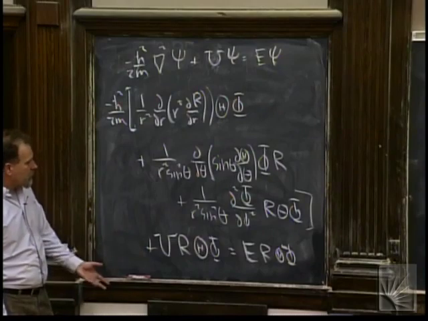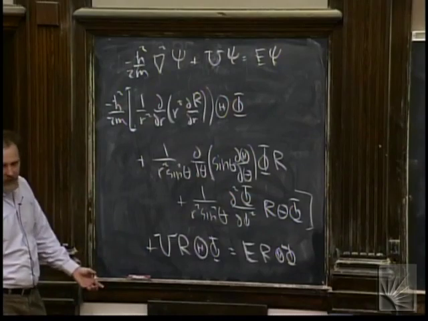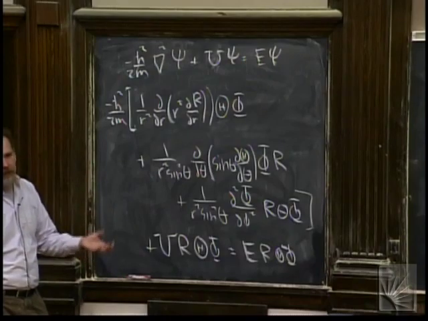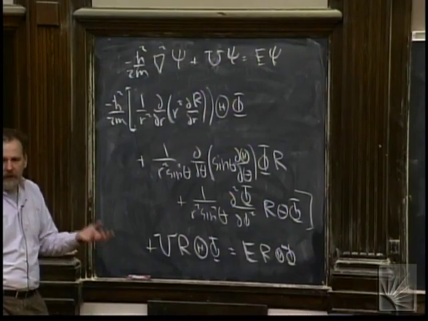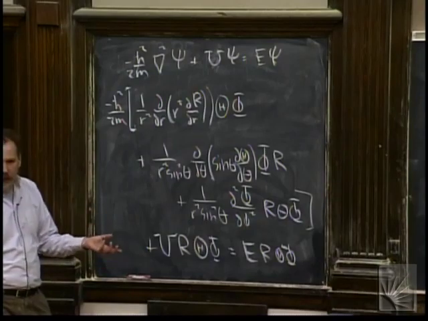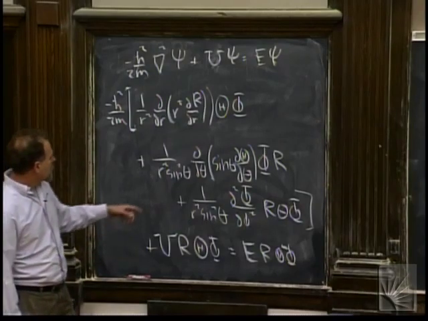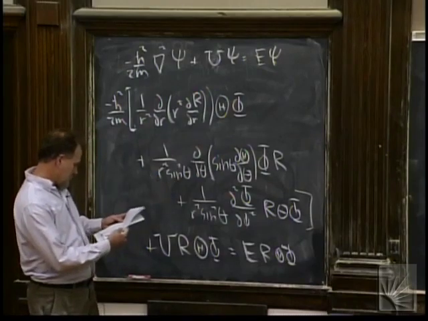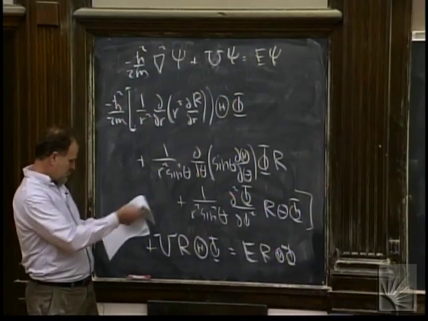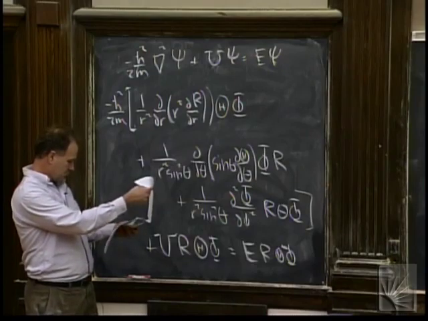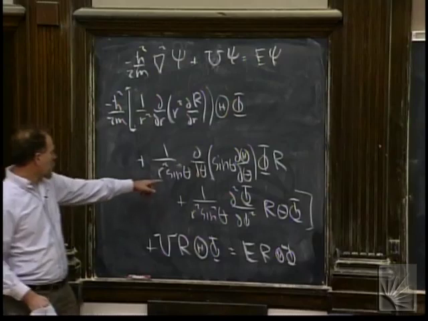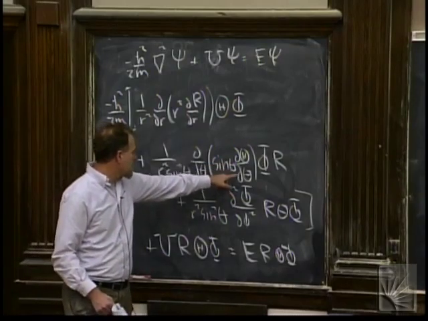The L squared operator, explicitly found by going through the drudgery of working out all the partial derivatives and switching from spherical to radial to cylinder to Cartesian coordinates, worked out is 1 over sine squared. Oh, I got a sine. That's 1 over sine theta, d by d theta of sine theta d by d theta.